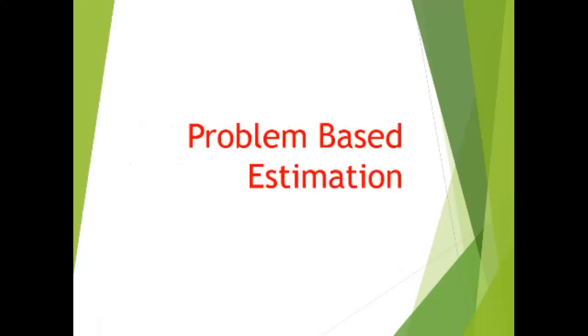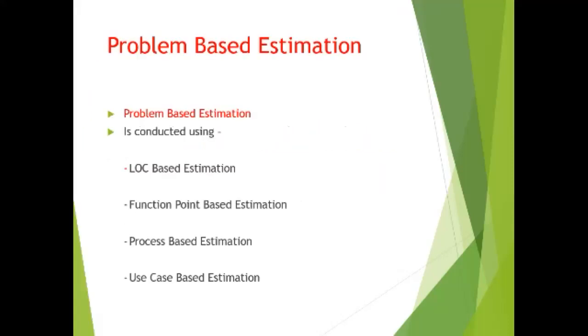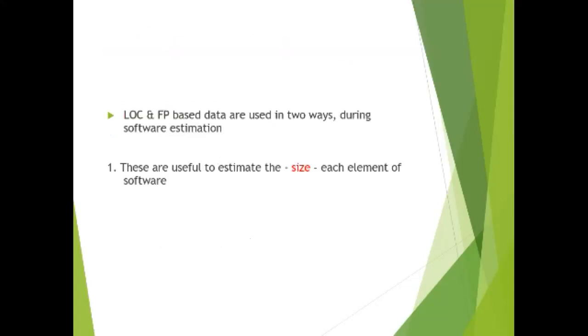Problem-based estimation. Problem-based estimation is conducted using LOC-based estimation, function point-based estimation, process-based estimation, and use case-based estimation. LOC and FP-based data are used in two ways during software estimation.